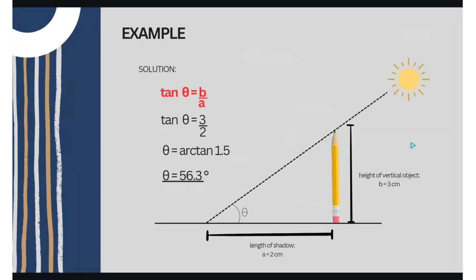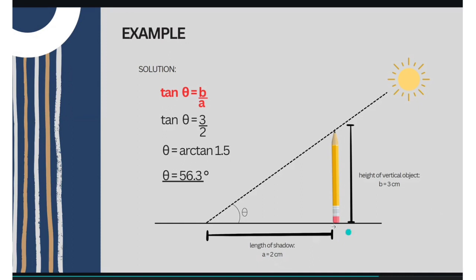So, for example, here, we will show you how to compute the sun's angle. So, here is the formula. Tangent theta is equal to B divided by A. So, B is equal to the height of the vertical object, which is, for example, 3 cm. So, yung shadow ng object na to is 2 cm.